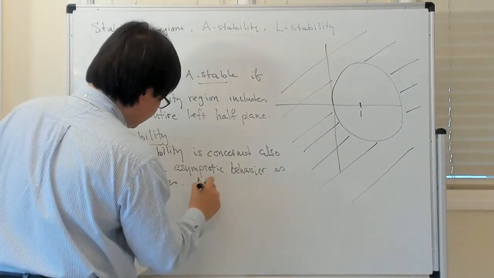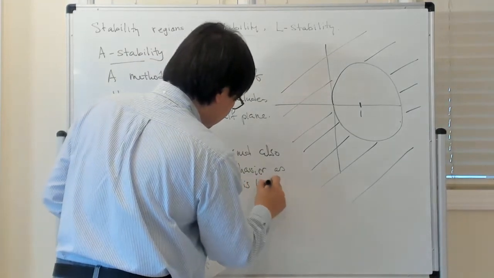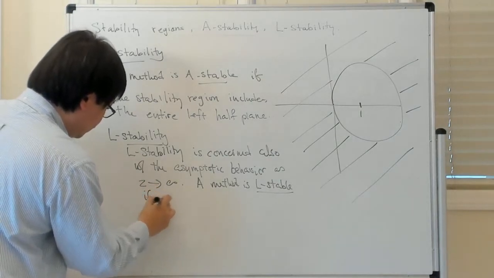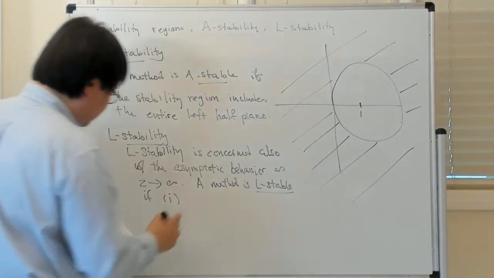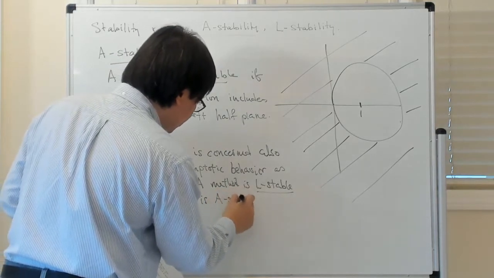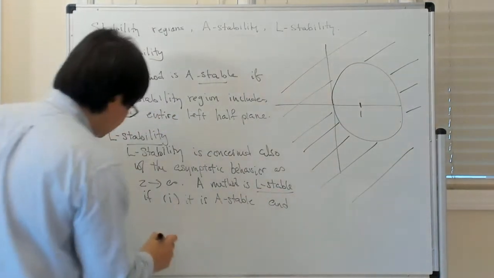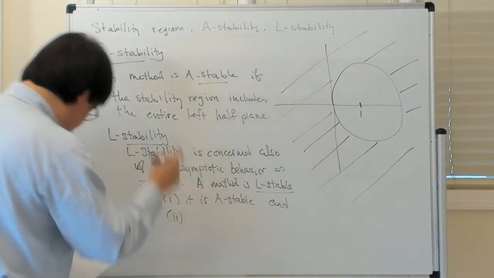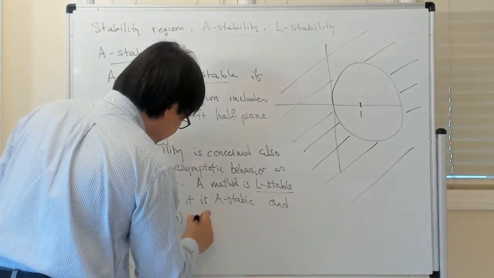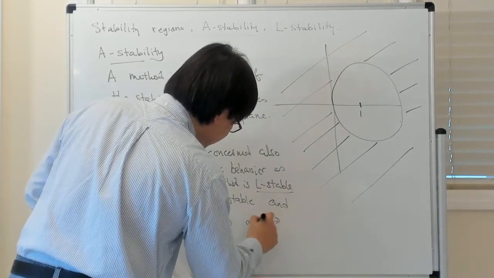A method is L-stable if, first, it is A-stable, so of course it's a more restrictive condition, and there's something about the asymptotics of the stability function: r of z goes to 0 as z goes to infinity.